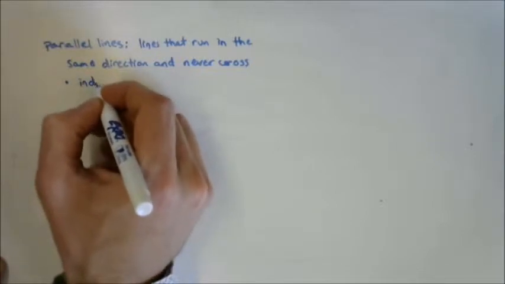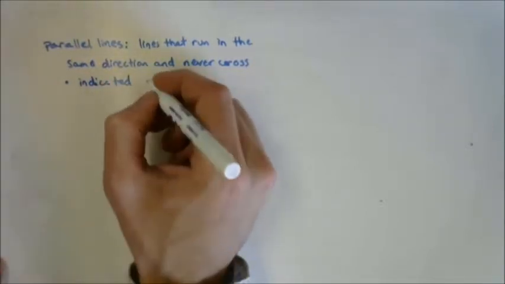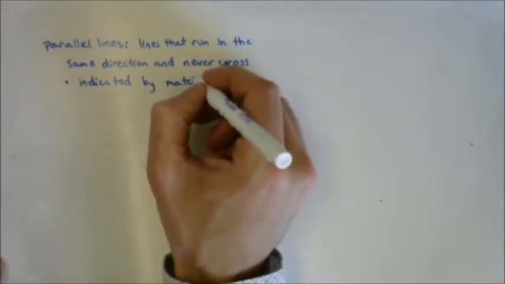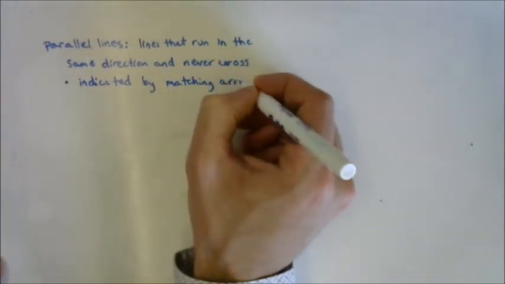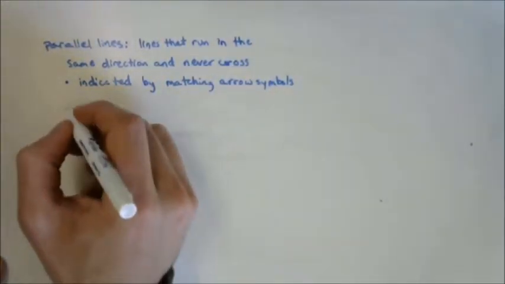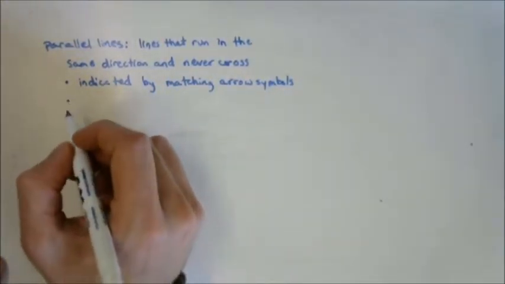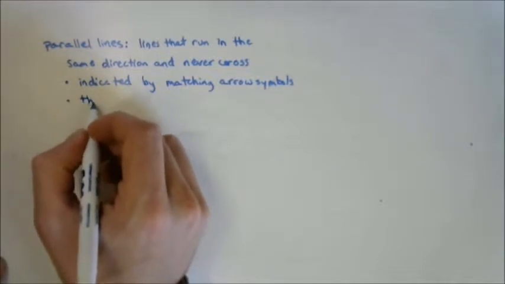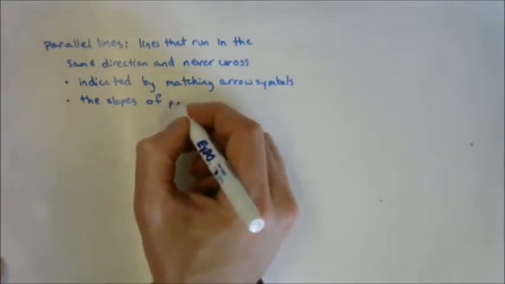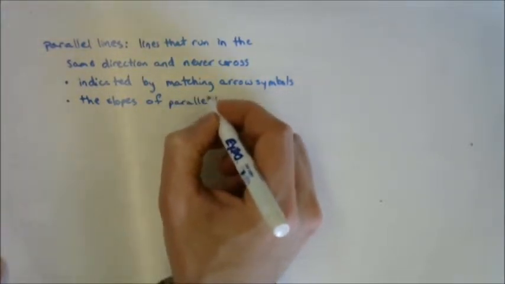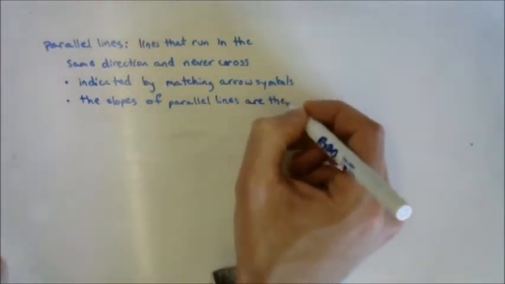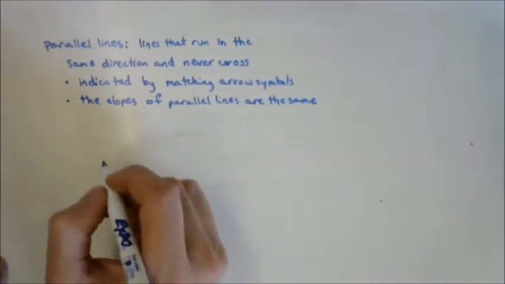They're indicated by matching arrow symbols. And the key is the slopes of parallel lines are the same or are equal.